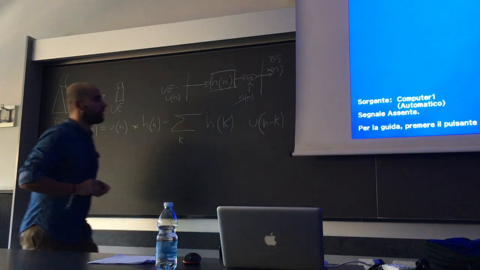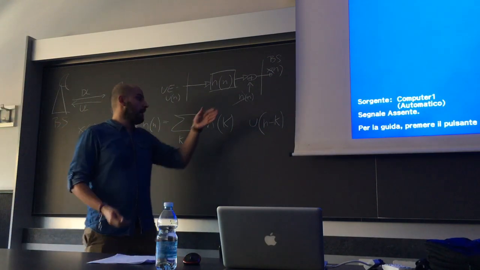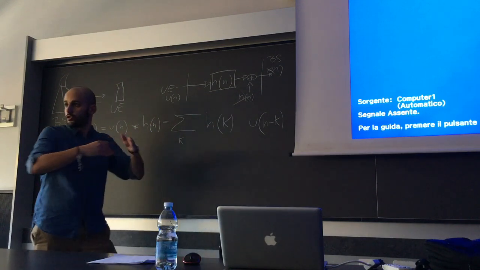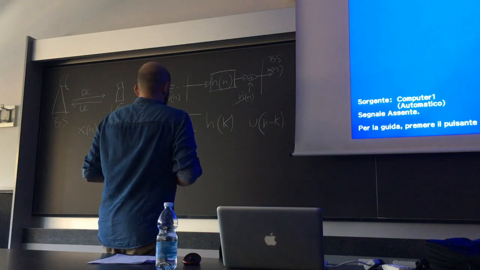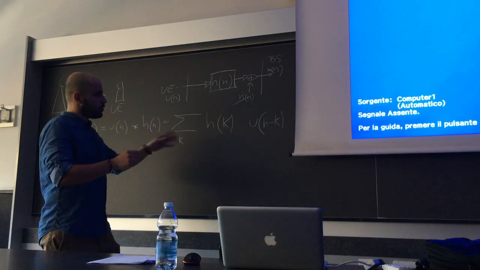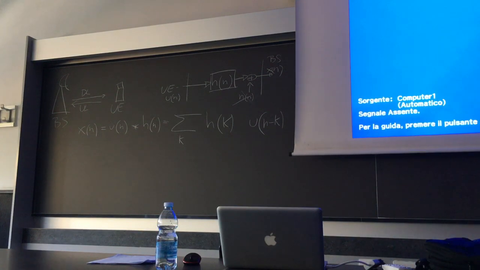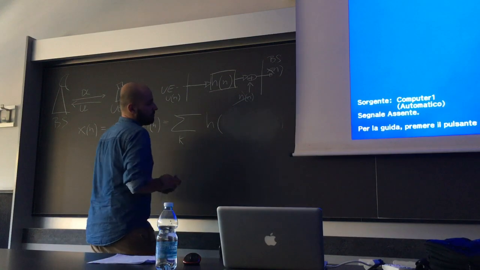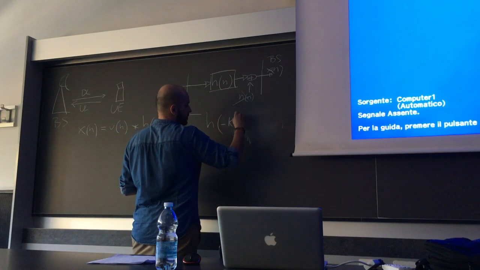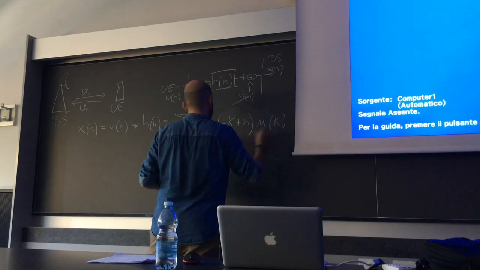Okay, this is correct. What you do is take one signal, you flip it, and then you shift the other one, and then you make multiplications and sum them together. Now, the convolution is absolutely symmetrical, so just for the scope of this exercise, let's assume that we have the opposite, which is the same as your colleague said, written in this way, okay?